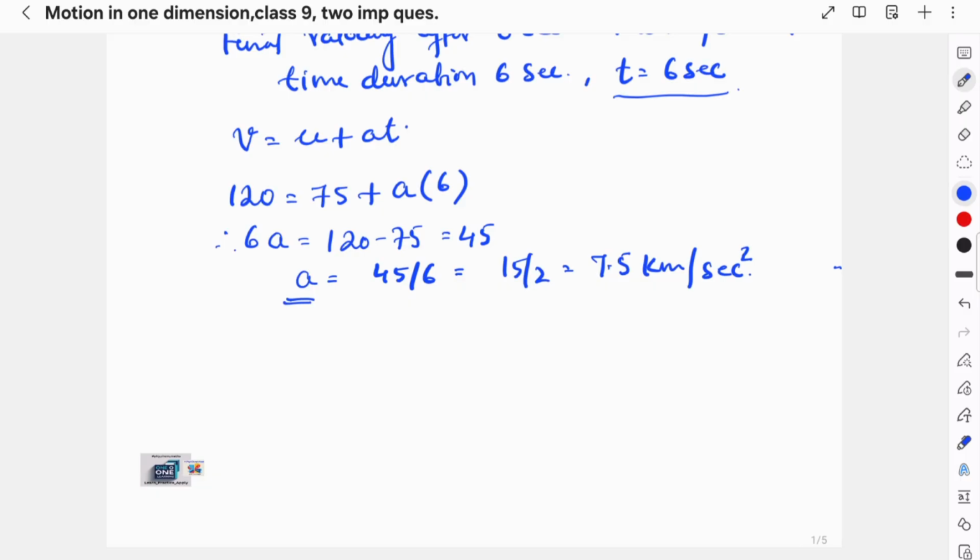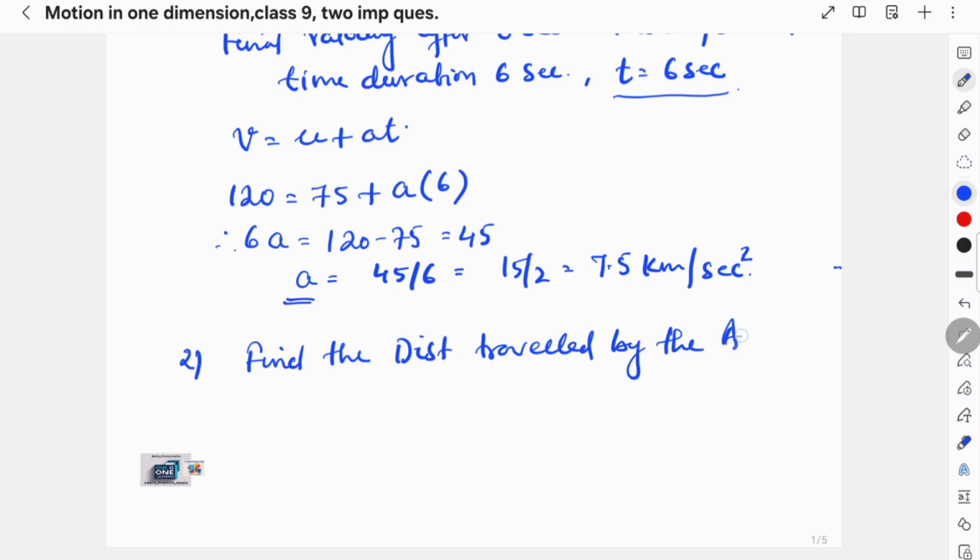Okay, now they are asking the distance traveled in the first 10 seconds. So the second part is we have to find the distance traveled by the aircraft in first 10 seconds.